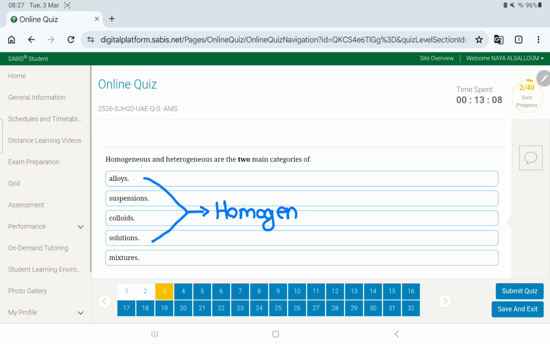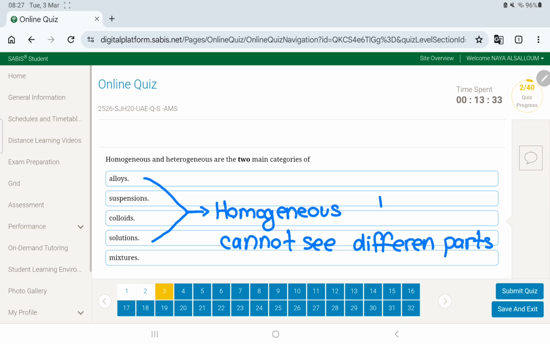And what are homogeneous mixtures? They are mixtures where you cannot see different parts, right? For example, you have a salt water solution. Can you see the salt? No, you can't. This is why a solution is homogeneous. And what's an alloy, guys?